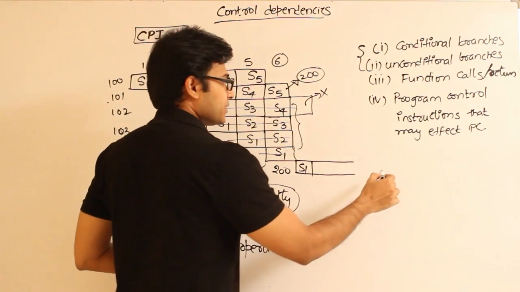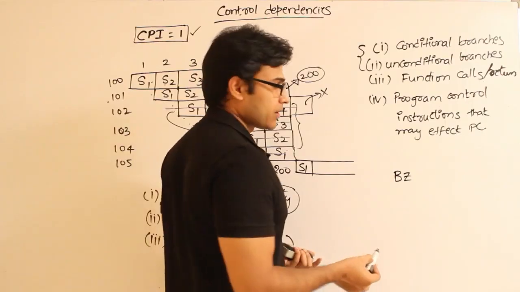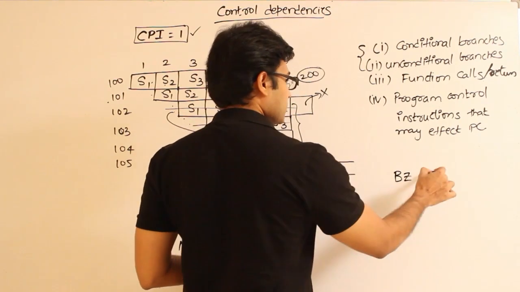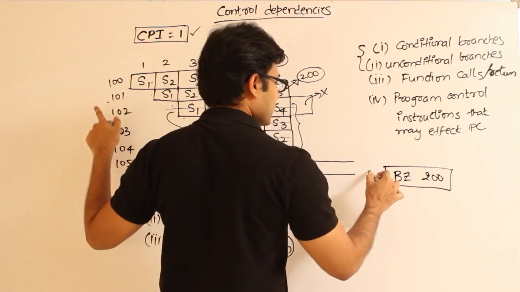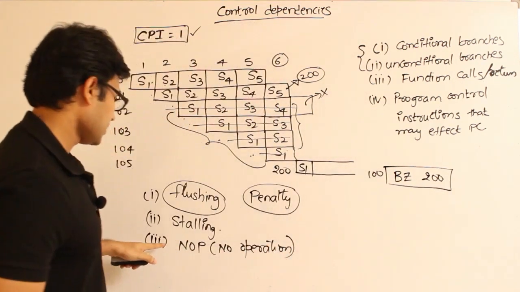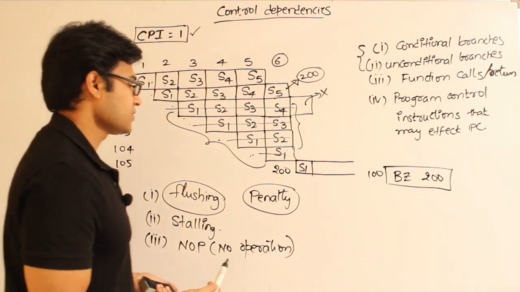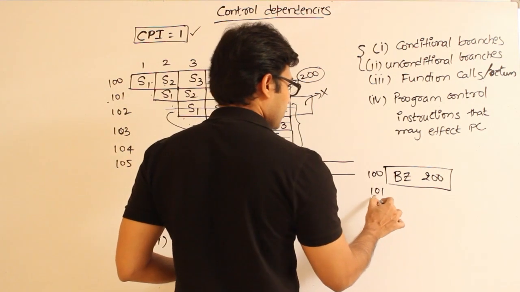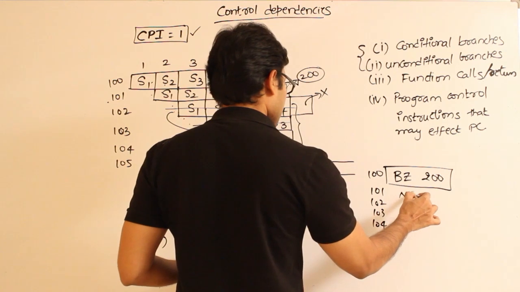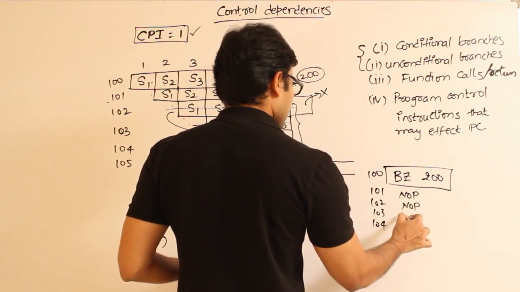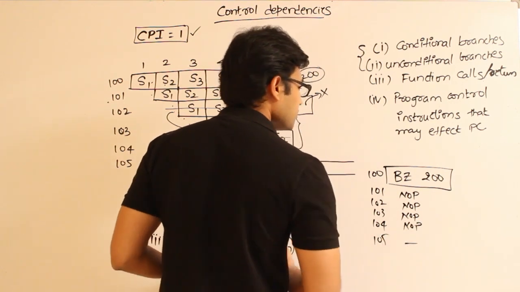So if you have something like branch on 0, a conditional branch, you are supposed to branch on 0 to 200. If this is the instruction at address 100, then according to this third strategy, the compiler is supposed to introduce some no-op instructions in the consecutive locations 101, 102, 103, 104, it is supposed to insert no-op, and then at 105 some valid instruction should be there.